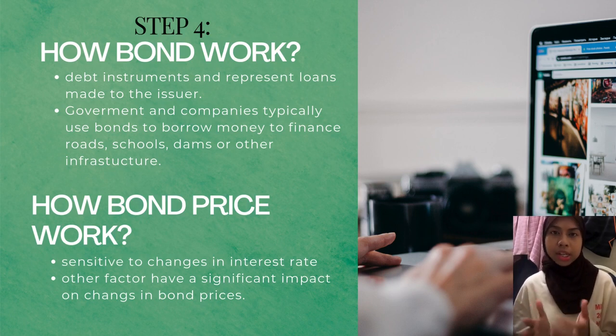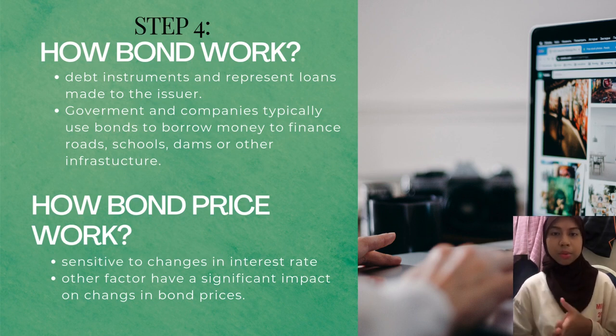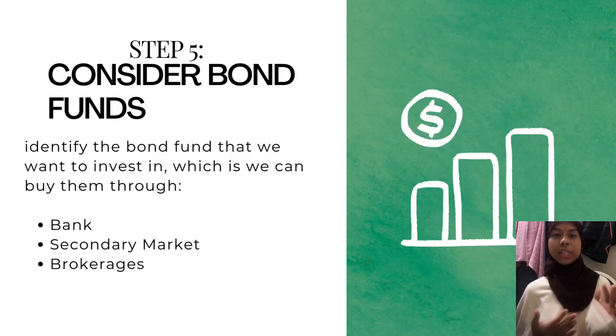Bond prices are very sensitive to changes in interest rates because bonds pay fixed interest, and old bonds adjust their price to remain competitive with new bonds that offer current interest rates. Other factors such as supply and demand, credit risk, and time to maturity also have a significant impact on changes in bond price.